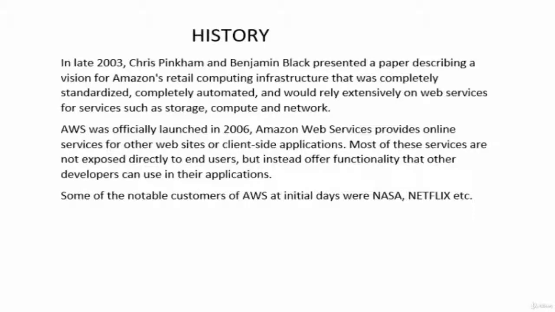In April 2011, some parts of Amazon Web Services suffered a major outage. That was a setback in the history of AWS. A portion of volumes using the EBS, Elastic Block Store service, became stuck.